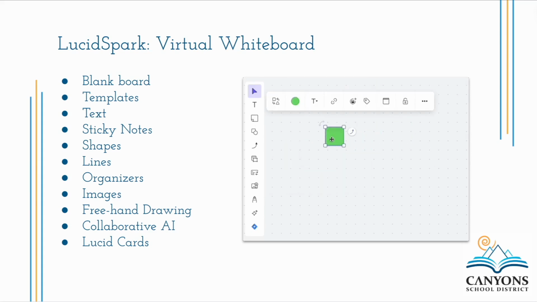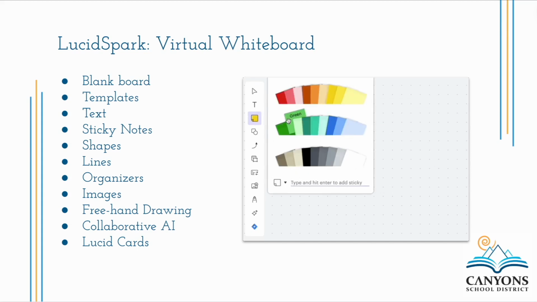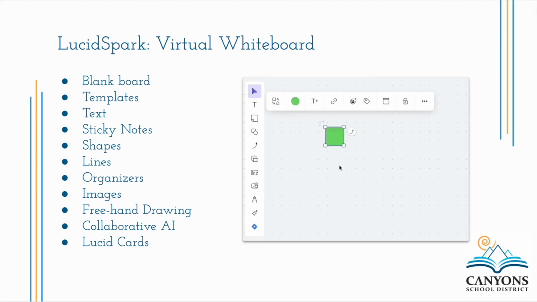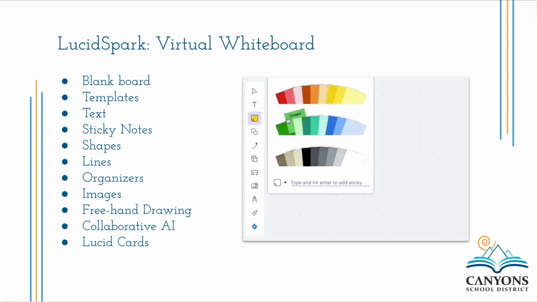You could add images, you can add video, and right now I'm working with our IT department to find out for sure if the YouTube videos will work since YouTube is blocked K-8 for our students. I'm working with them to make sure maybe dynamic whitelisting can work, but we're still working through that. You can do freehand drawing.